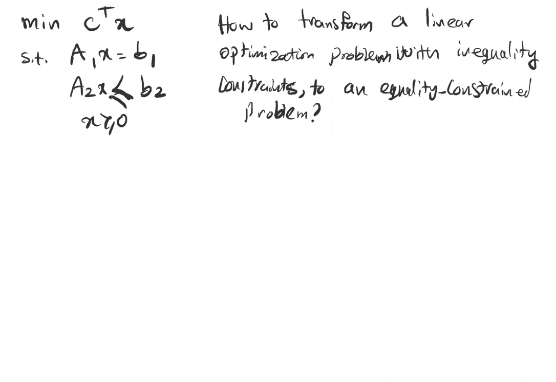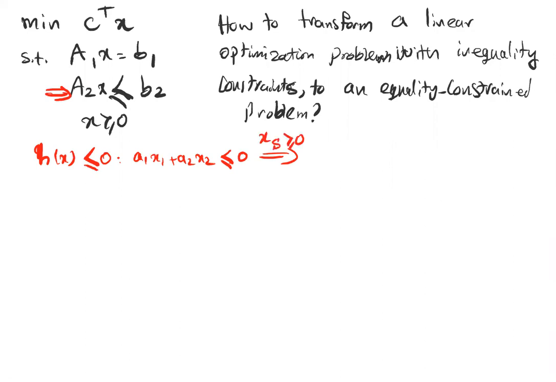All right. In order to answer this question, we are going to use slack variables. Slack variables are going to be added to each of these inequality constraints. Let's say you have inequality constraint h of x is less than or equal to 0. So it's a1 x1 plus a2 x2 less than or equal to 0. In order to make this an equality constraint, I'm going to define a slack variable. Let's say I call it xs.